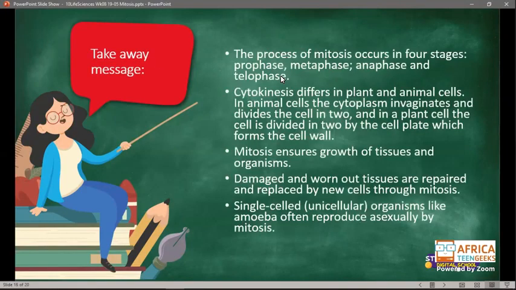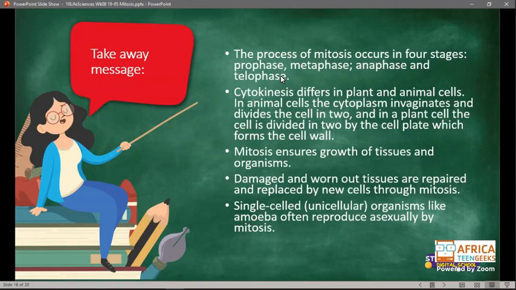So the takeaway message, guys, the process of mitosis occurs in 4 stages, that is prophase, metaphase, anaphase, and telophase. And then we have cytokinesis, and it differs in plants and animal cells. We said that in animal cells, the cytoplasm invaginates or enfolds, and it divides the cell in 2. And in a plant cell, the cell is divided into 2 by the cell plate, which forms the cell wall.